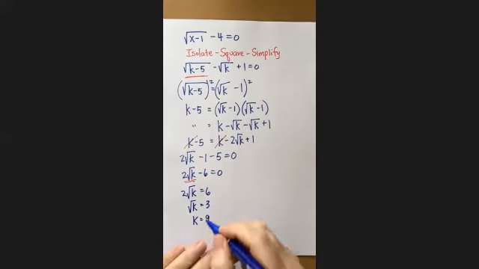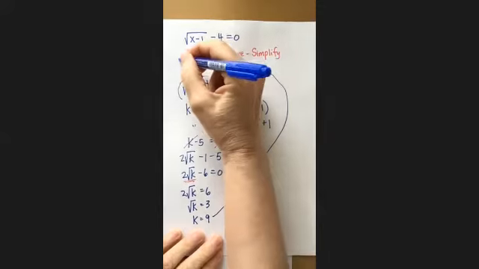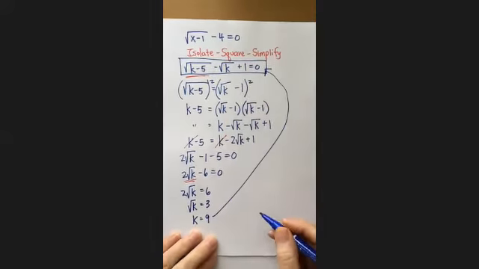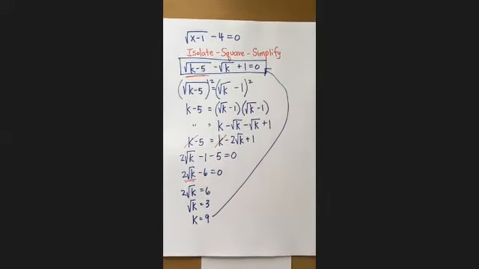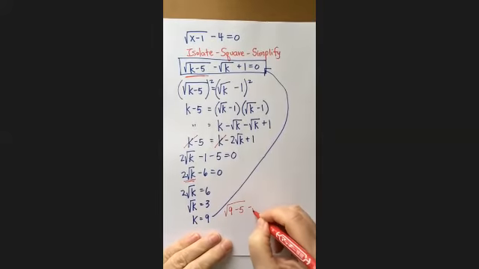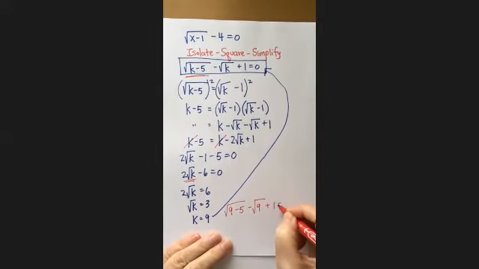Now, it would seem like I have solved that problem and I'm finished. But remember, we're never finished until we plug it back into the original equation and see if it fits. So the original equation was the square root of k, which we think is 9 minus 5, minus the square root of k, which we think is 9, plus 1 equals 0.